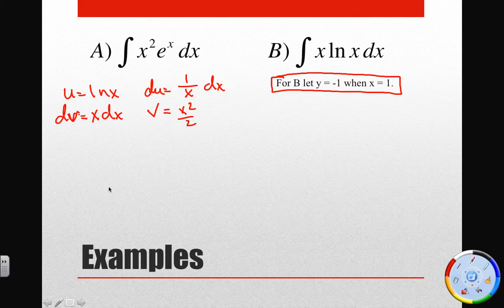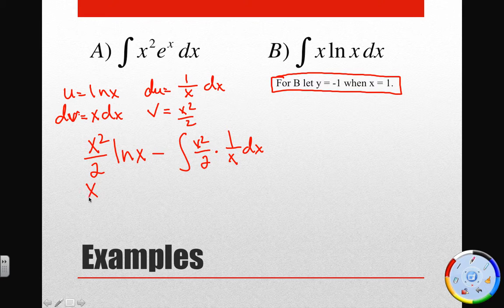So u times v. So x squared over 2 times the natural log of x minus the integral of v du. So x squared over 2 times 1 over x dx. Okay, whoa, that's nice. x squared over x becomes x.